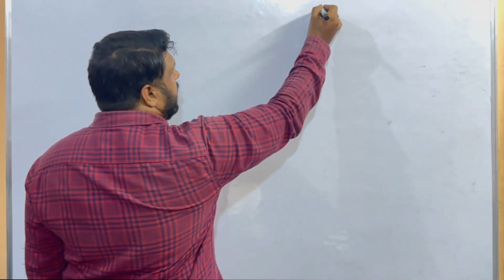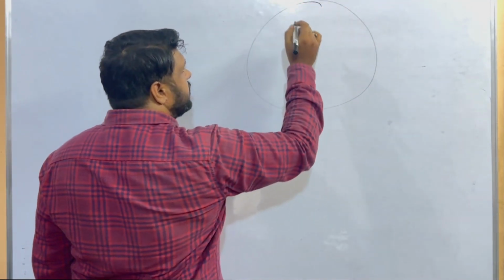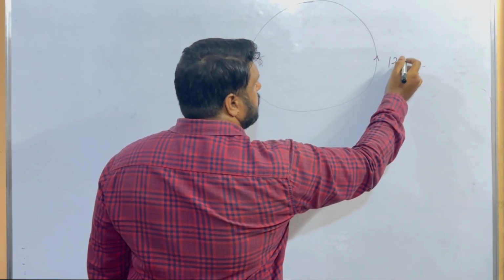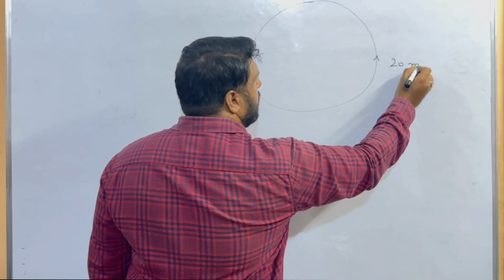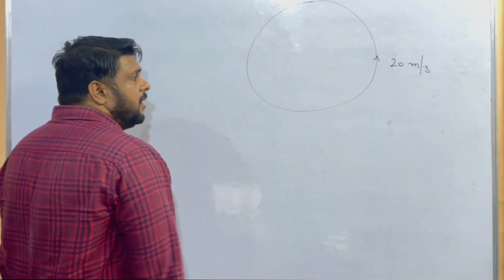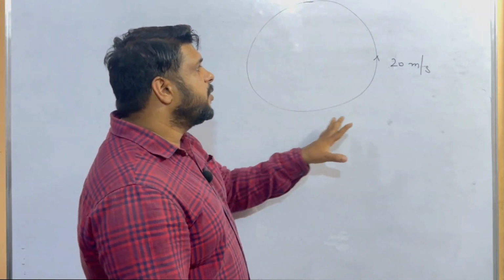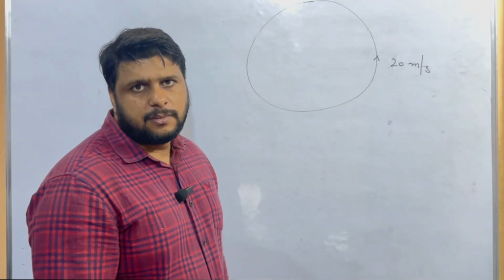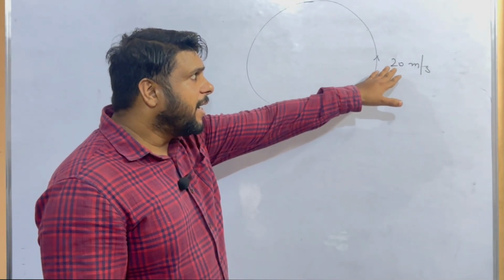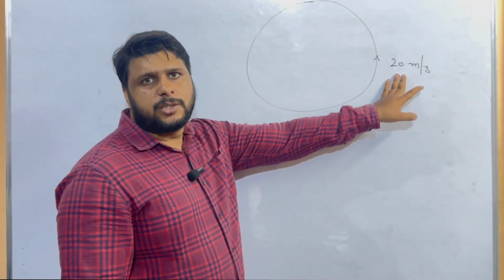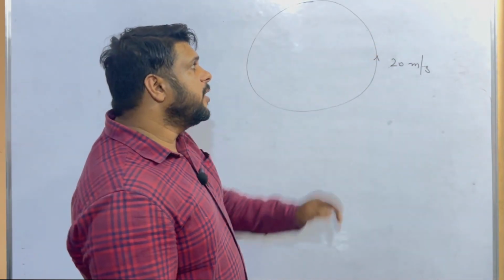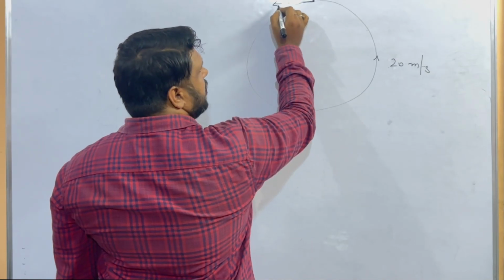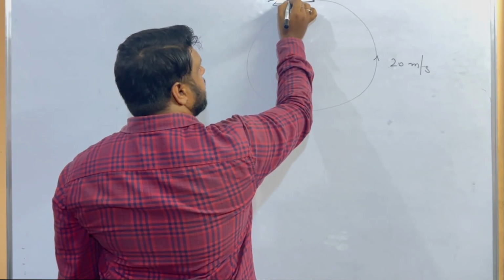Now let's say a particle is moving like this, with a speed of 20 meter per second. It is moving with a speed of 20 meter per second, but it is changing its direction at every point, though the magnitude stays constant. Let's say at this point it is moving at 20 meter per second.